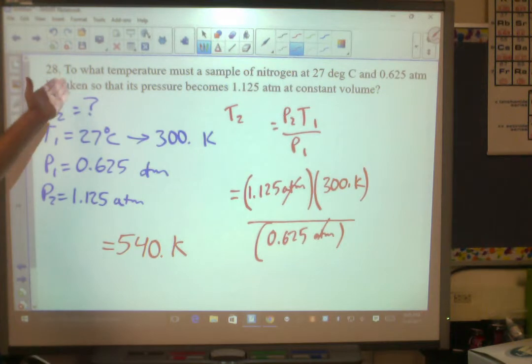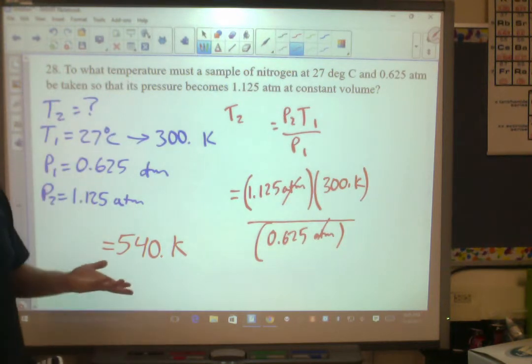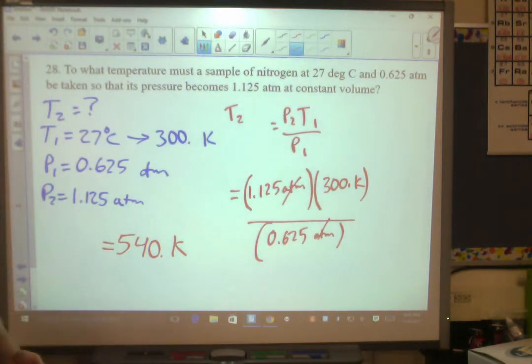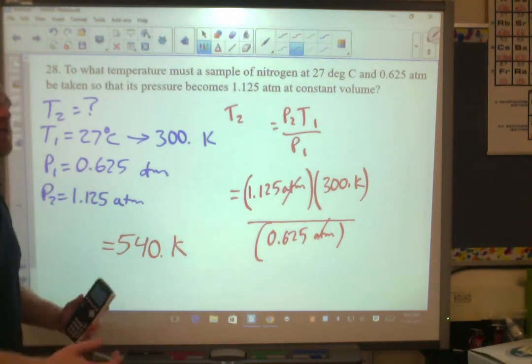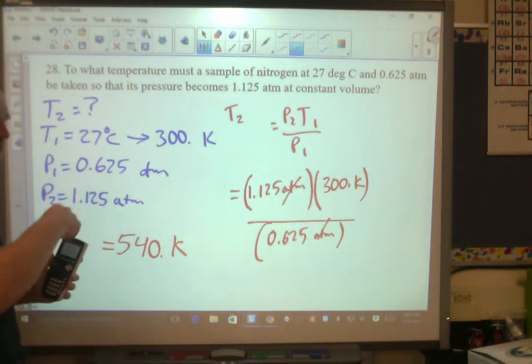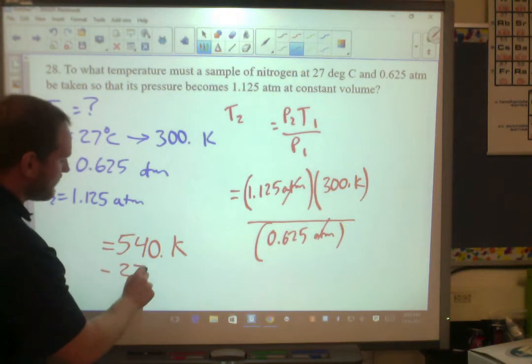The problem asks to what temperature. It doesn't ask for it in Celsius, so technically we can leave it like this. But let's turn it back to Celsius just to see what it's going to be. When you go from Celsius to Kelvin, you add 273.15. So when you go from Kelvin to Celsius, you do the opposite. Let's subtract 273.